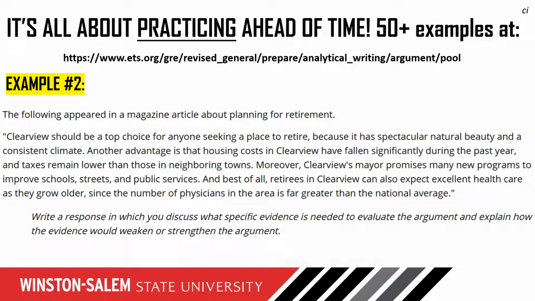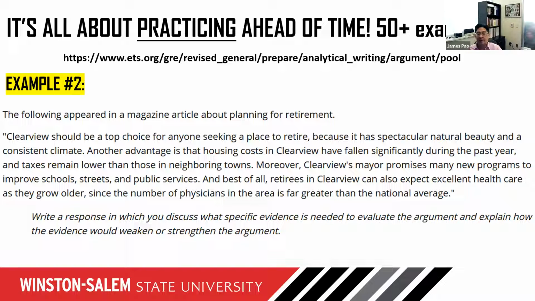Yeah, we need statistics to compare. So I'm getting at the answer of being statistics. We need data. We need a study that shows the number of physicians in Clearview and the national average. What else do we need? So you see what I'm saying, right? That's the evidence we need. What other evidence do we need to prove some of the other things that are said in this paragraph?